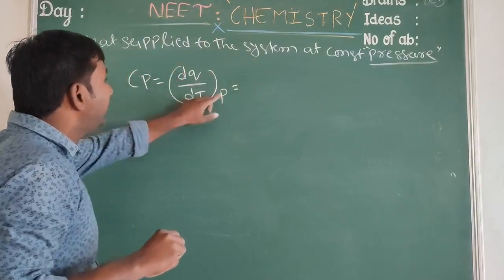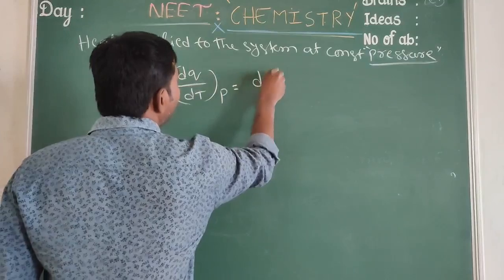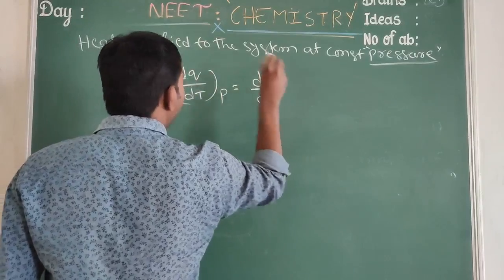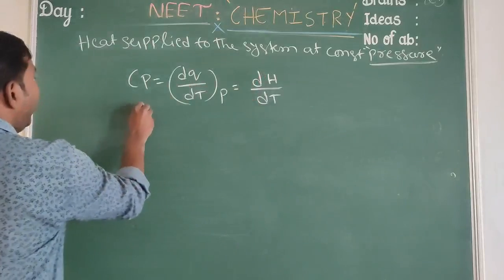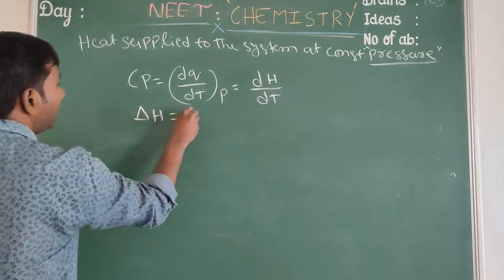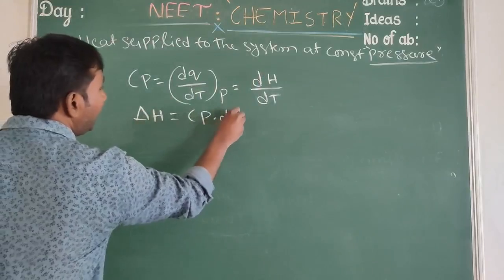Change in heat energy at constant pressure means dH by dT. Now change in enthalpy, del H equals Cp into dT.